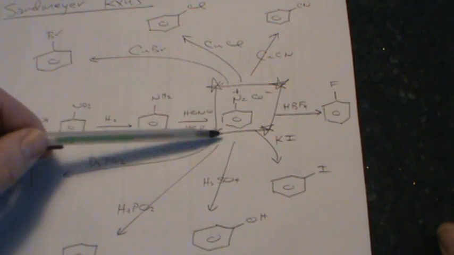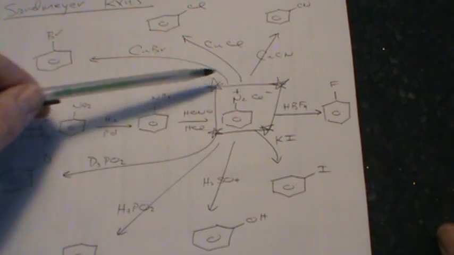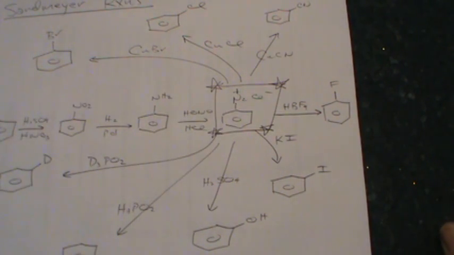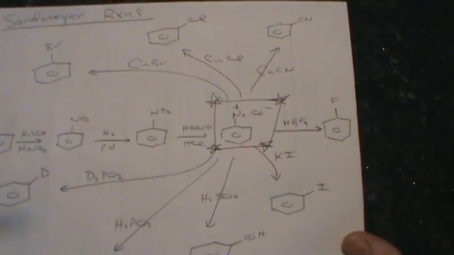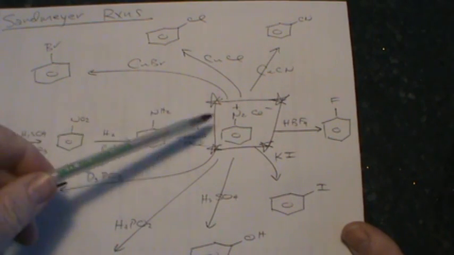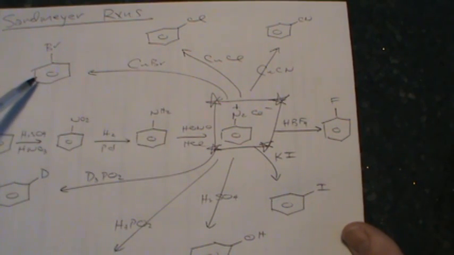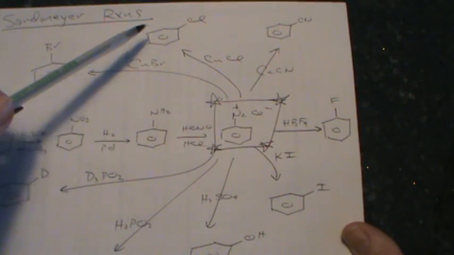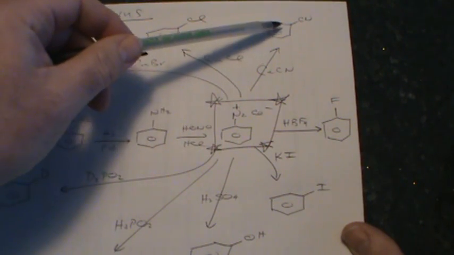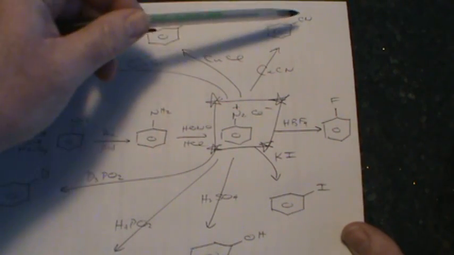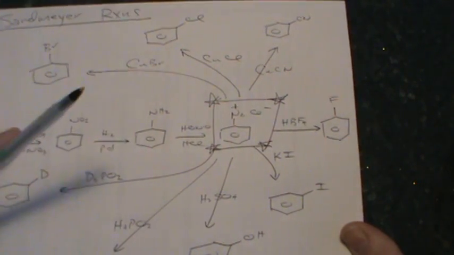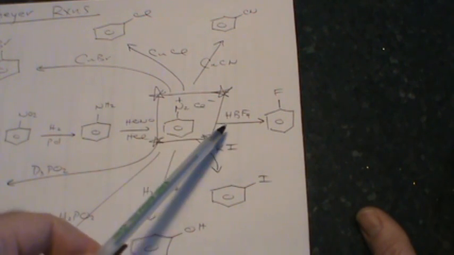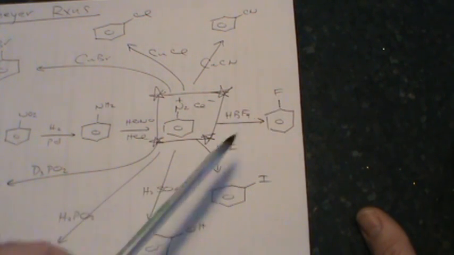So when we talk about Sandmeyer reactions or Sandmeyer chemistry, we're really talking about reactions of this benzene diazonium chloride, and they're numerous. So for example, treating it with copper bromide will result in bromination. Copper chloride, chlorination. Copper cyanide, put a cyano group on board and that becomes benzonitrile. If we treat the benzene diazonium chloride with fluoboric acid, we can put a fluorine on.